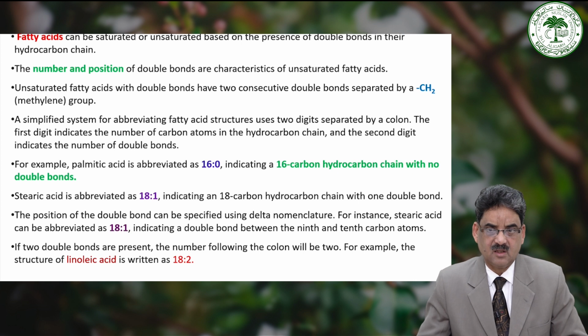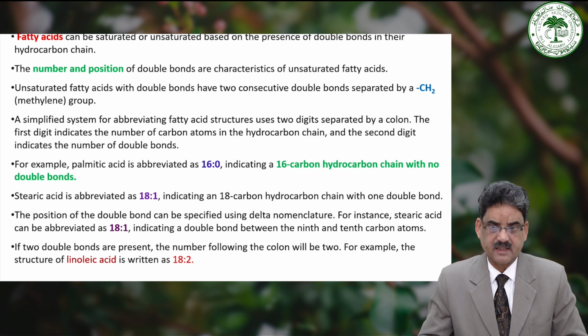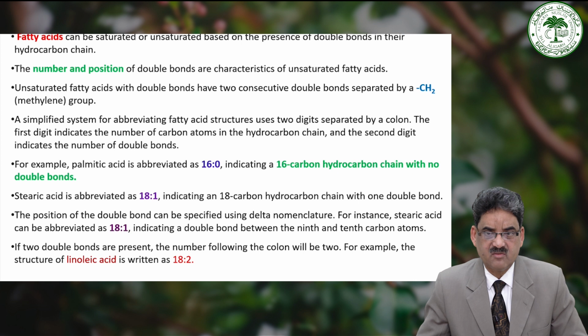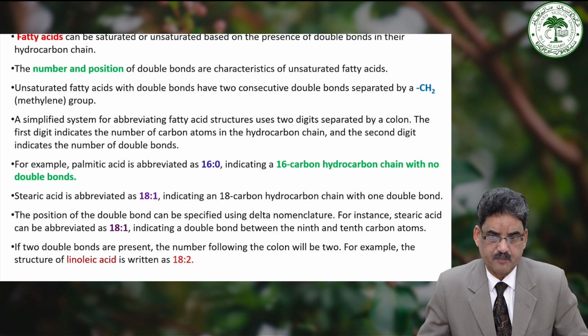In cases with two double bonds, the notation 18:2 signifies the structure of linoleic acid. This systematic approach to representing fatty acids provides a concise and informative means of conveying their structural attributes.